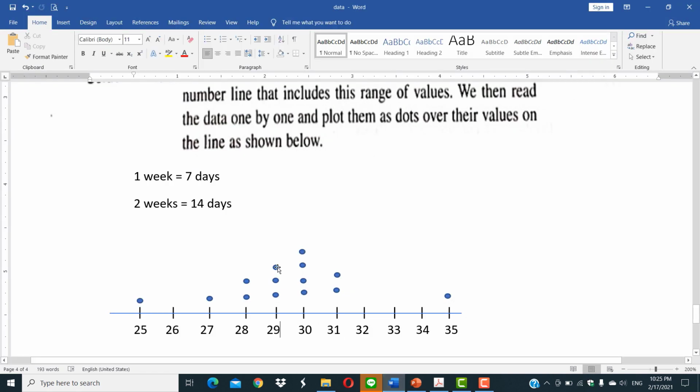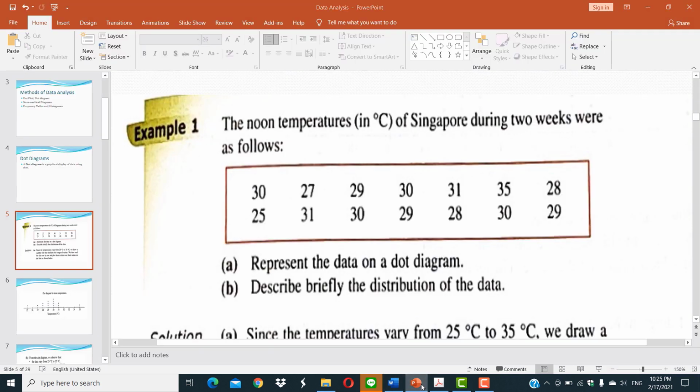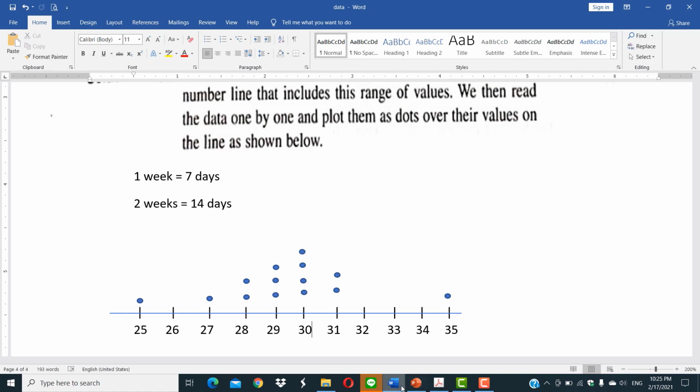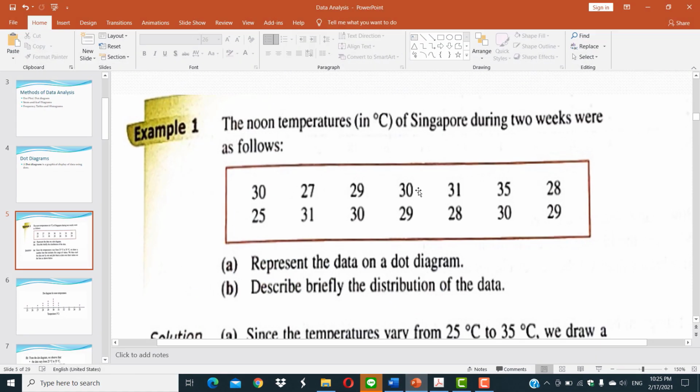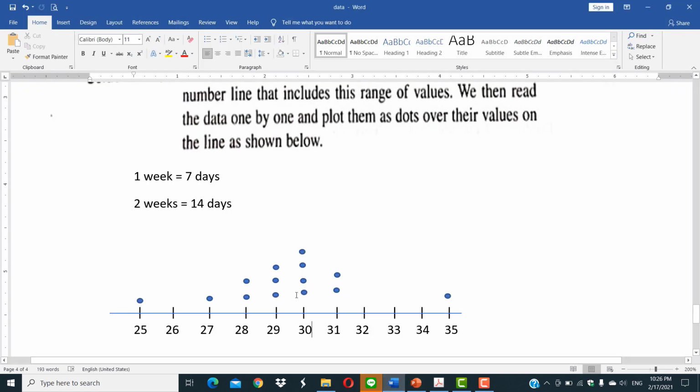Then number 30: 1, 2, 3, 4. Four numbers of 30, that's why four dots.